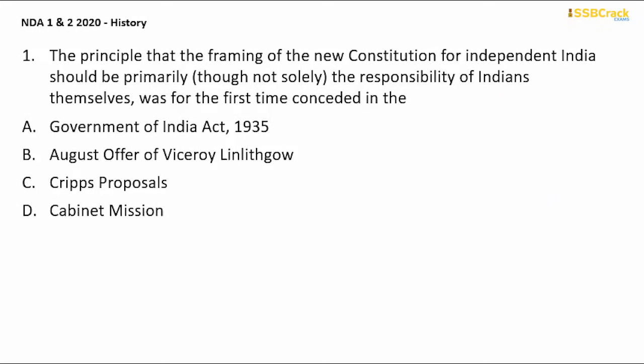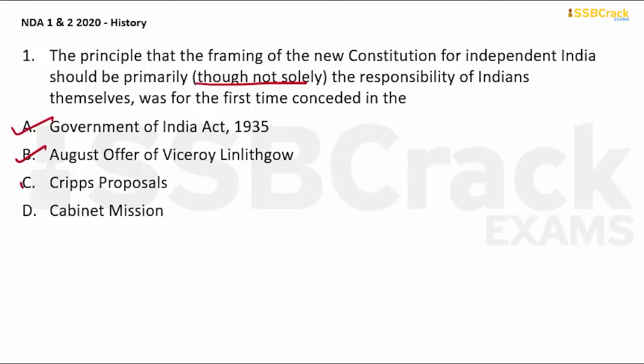So the first question in front of you is: the principle that the framing of the new constitution for independent India should be primarily, though not solely, the responsibility of Indians themselves was for the first time conceded in which of the following? Government of India Act 1935, August Offer of Viceroy Linlithgow, Cripps proposal, or Cabinet Mission.